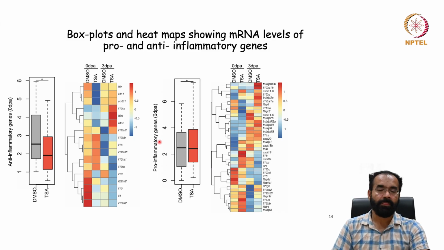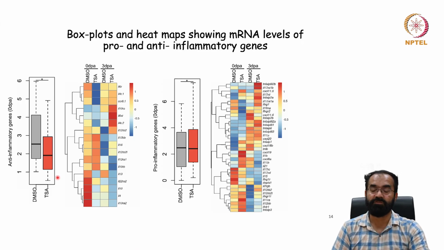What we saw, because of the TSA treatment in both 0 DPA and 3 DPA, there is a decrease in the anti-inflammatory. That means the environment remains pro-inflammatory. Then we looked, what about pro-inflammatory? Because of the TSA treatment, we saw an increase in the pro-inflammatory gene expression, as you can see here.